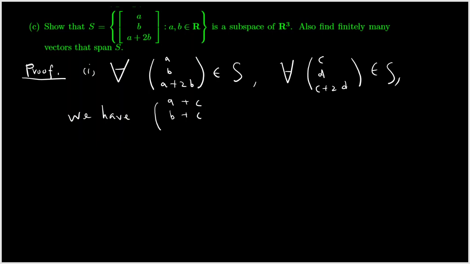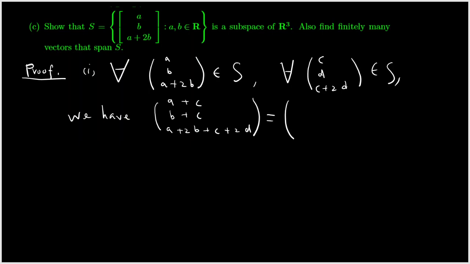The third component, according to the definition of vector addition, you add the corresponding components. The third component now is a plus 2b, and then plus c, and then plus 2d, right? Is that a vector in S? To convince yourself or to convince me it's indeed a vector in S, you have to show the third component is the first component plus twice the second component. Now let's do that.